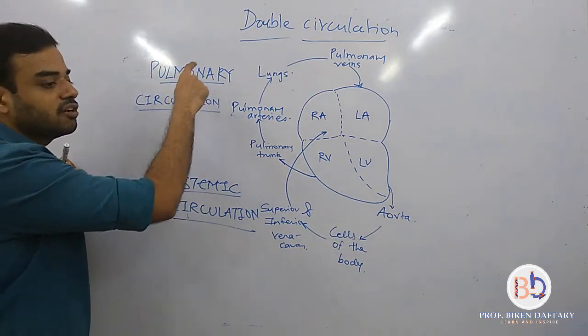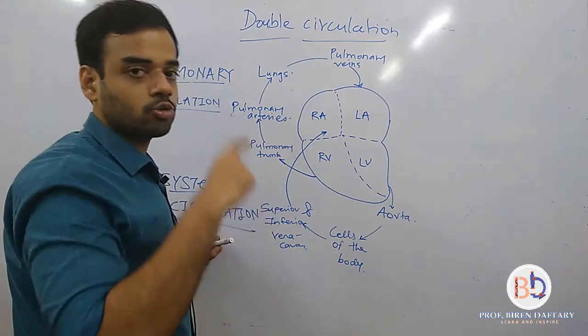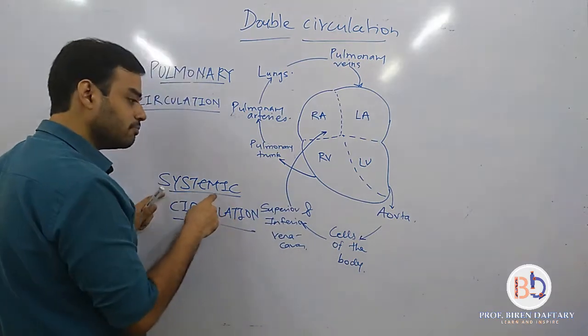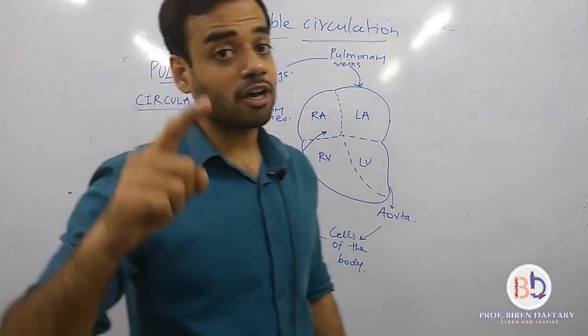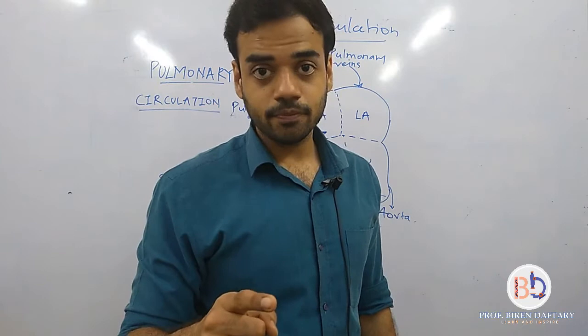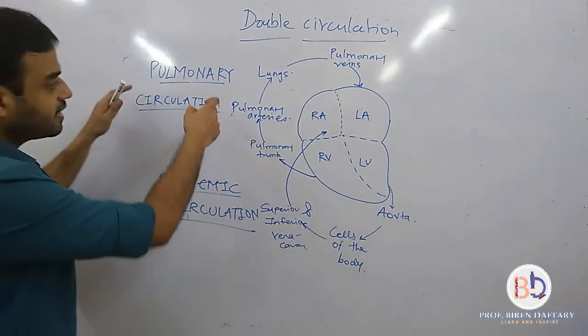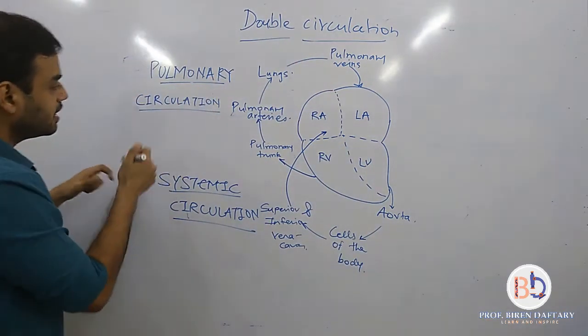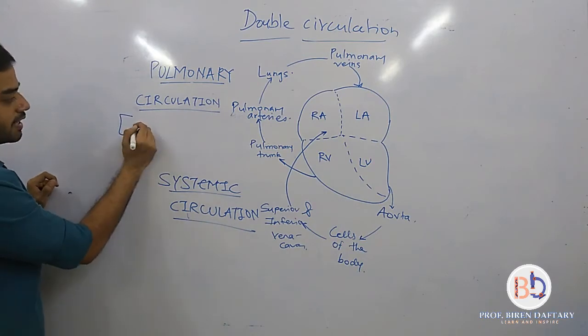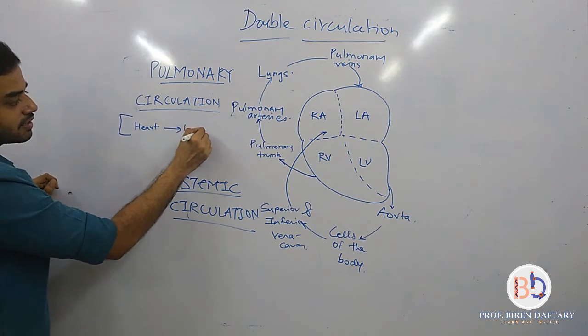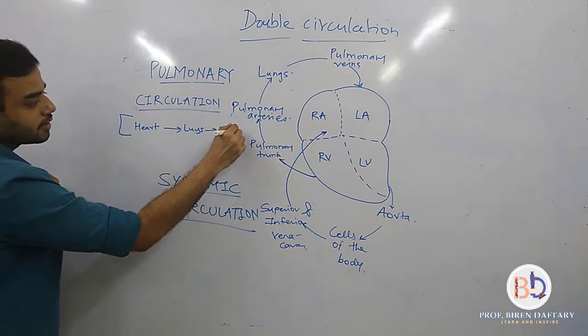Pulmonary means when the blood is going from the heart to the lungs. Systemic means when the blood is going from the heart to the body. So if I want to make a summary of pulmonary circulation, I can write that blood is going from the heart to the lungs and then back to the heart.